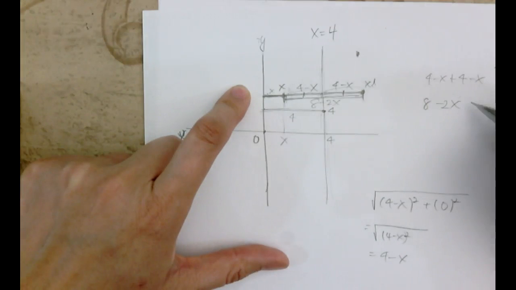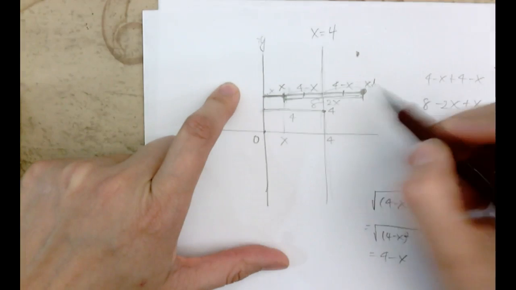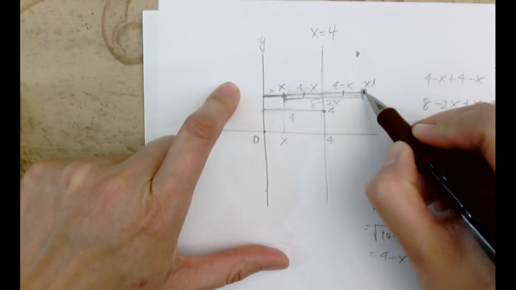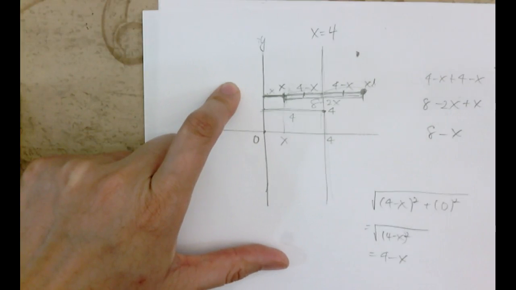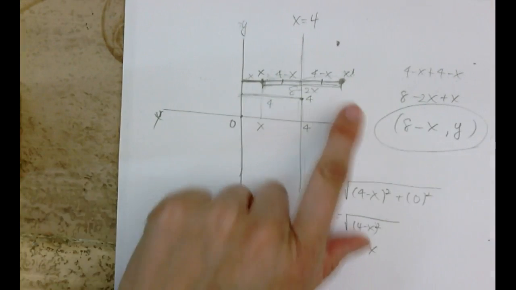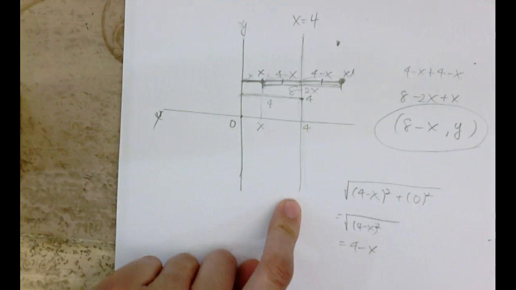So the coordinate of this point should be 8 minus x. The y doesn't change, so this is the coordinate of the point reflected over x equals 4.